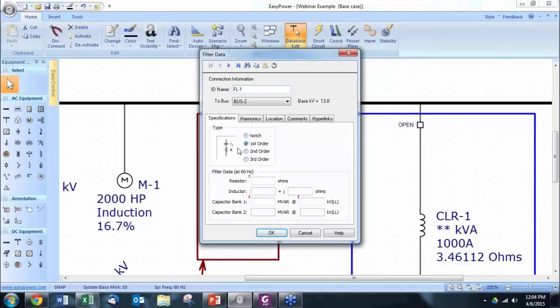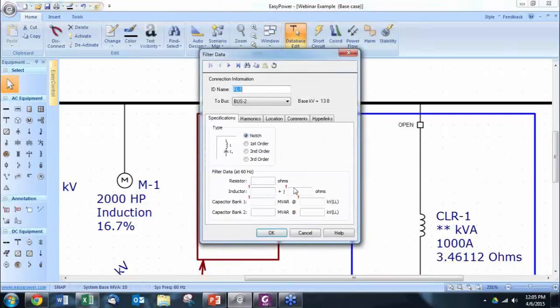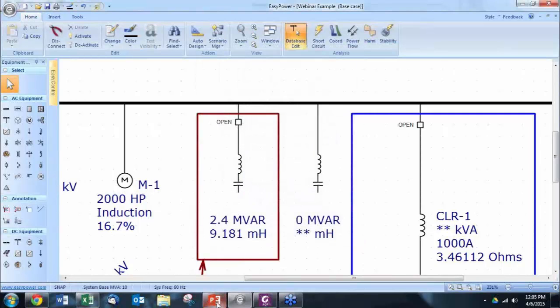First order, capacitor and resistor. Second order, these are used in the steel industry. And third order filters. It's a very complete design list of what you can do. Obviously, as you add more and more elements, you get more and more input from EasyPower. But let's begin with the easiest.